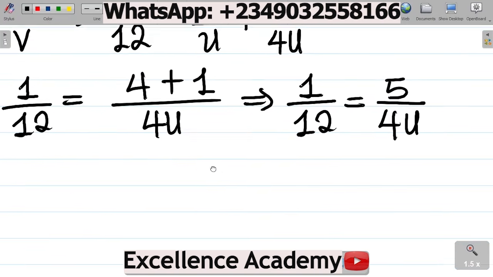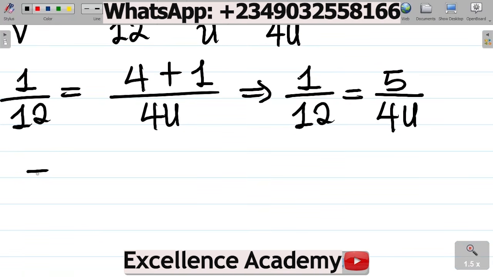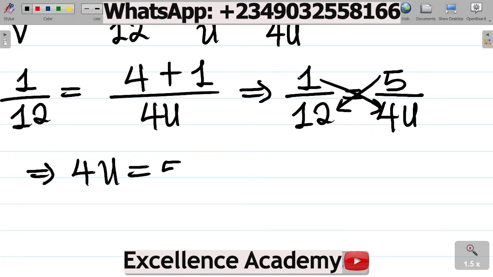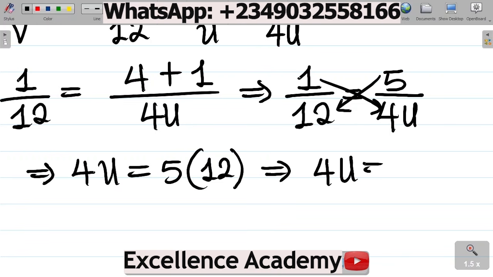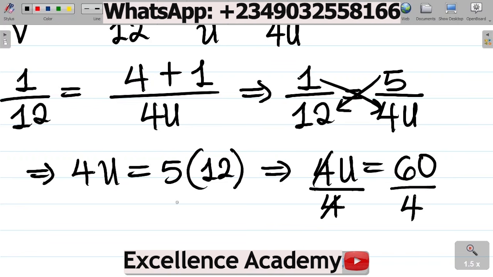Now working on this, 1 times 4u gives you 4u. So 4u is equal to 5 times 12, which is 60. Divide here by 4, divide here by 4. This cancels this.